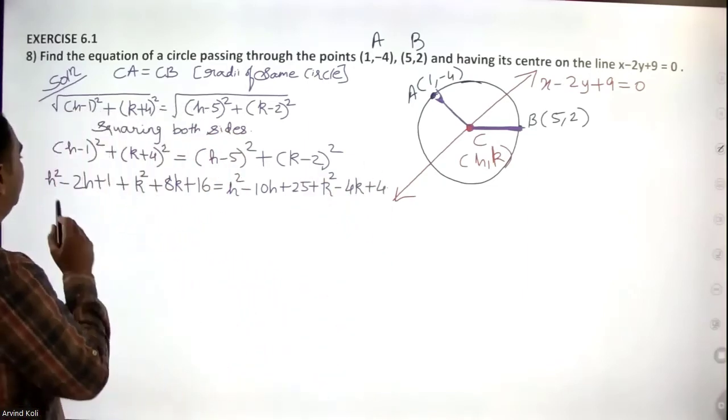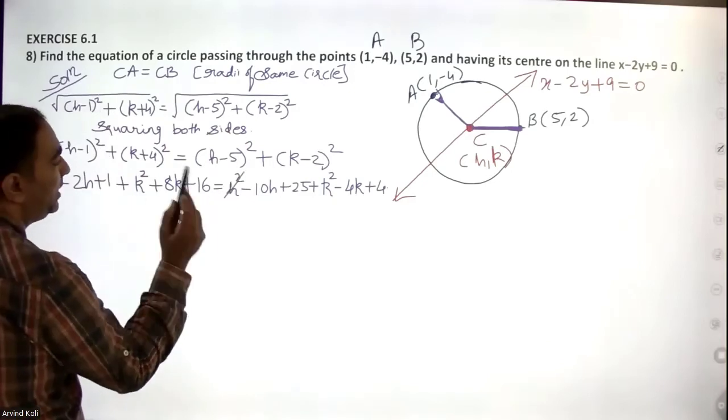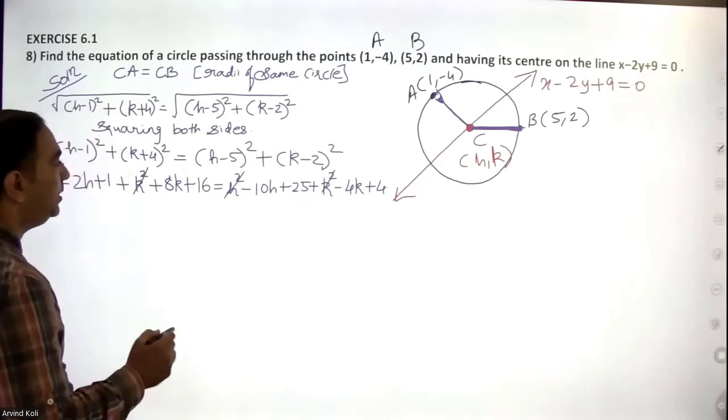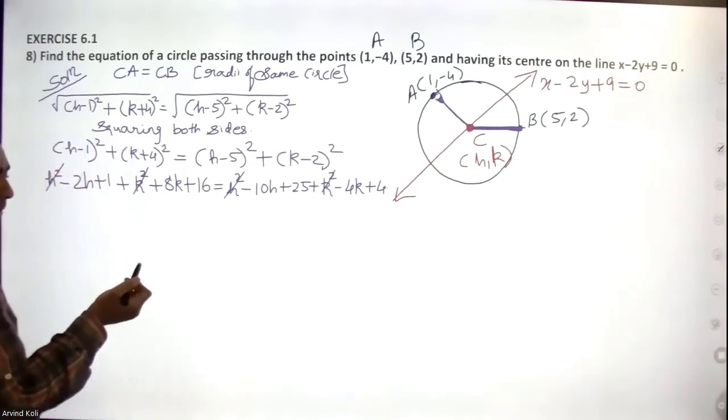Is this clear? h squares will get cancelled, k squares will get cancelled. So what are we left with?